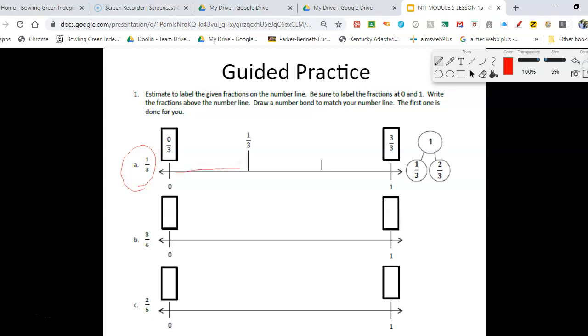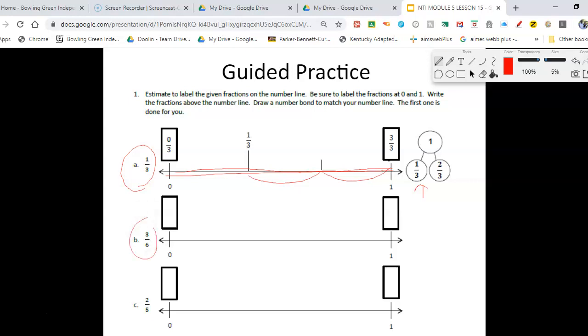There's 1, 2, 3 parts. So we would go 1/3, 2/3, 3/3. So 1/3 is here. I put that on my number bond. Now how many thirds do I have to go to get to 3/3? So we have 1/3, 2/3. So 2/3 more to get to 1 whole.